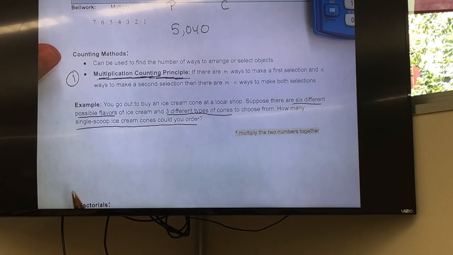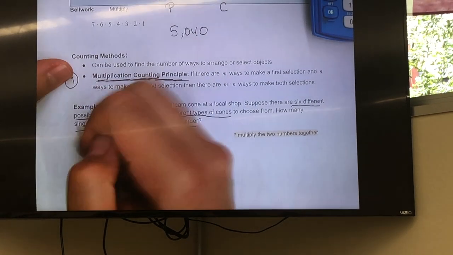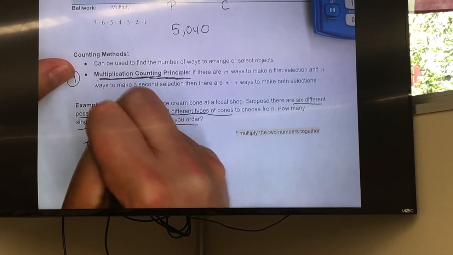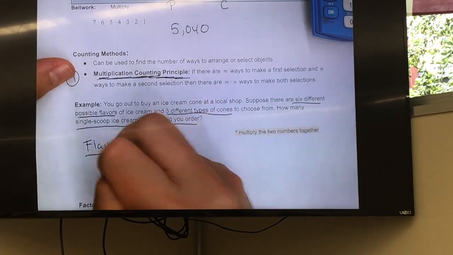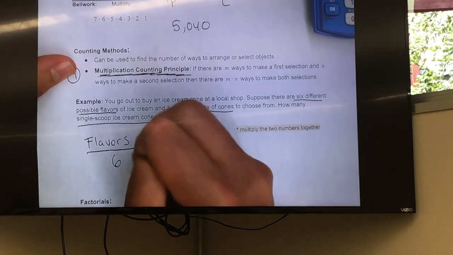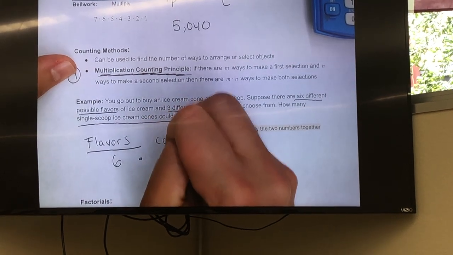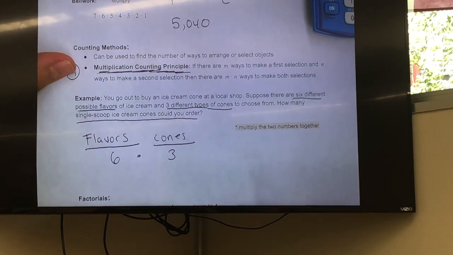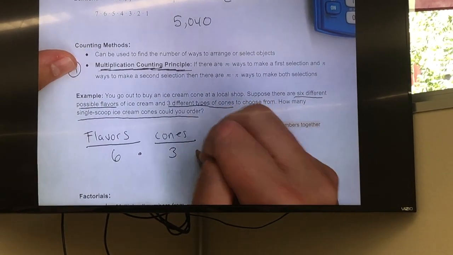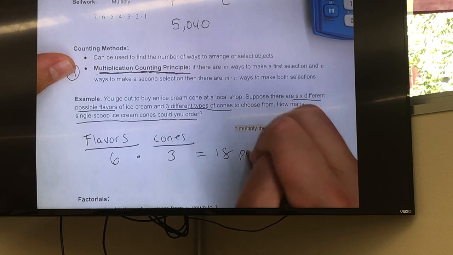But in case you wanted to know, you are going to be multiplying those 2 options together. Our flavors, we have 6 of them. Our cones, we have 3 of them. That means there are a total of 18 possibilities.